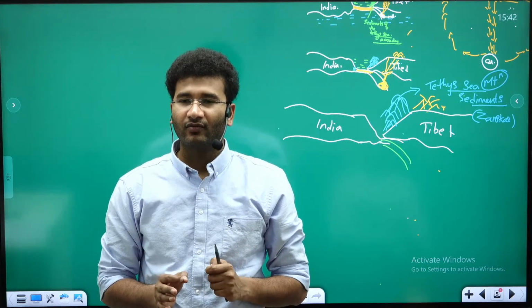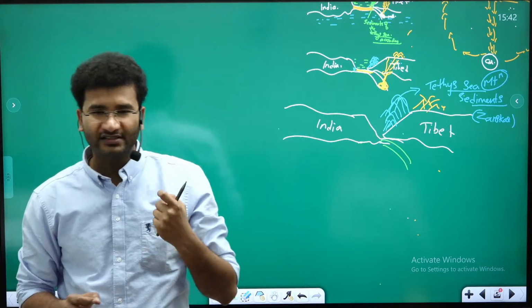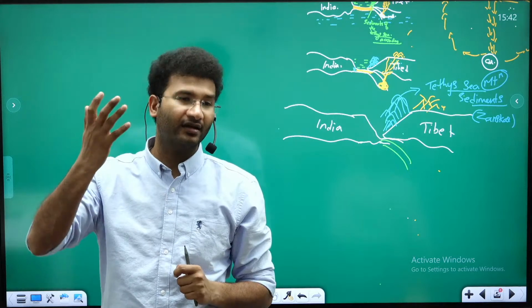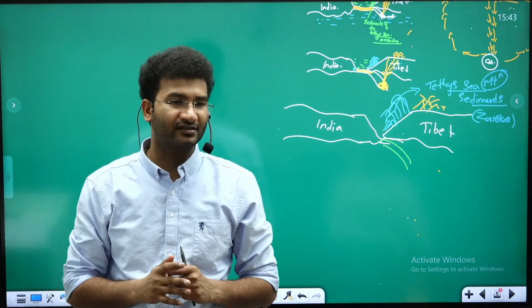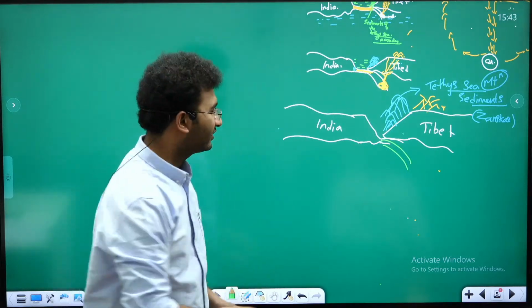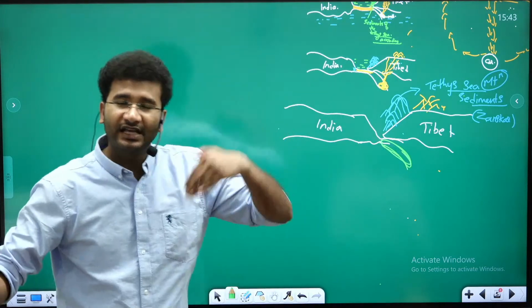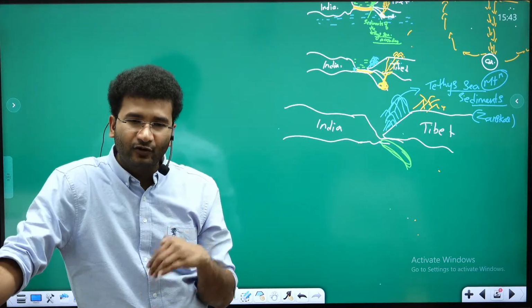Now, why is the rise of mountains still happening in the Himalayas? You might have heard that the height of Mount Everest is continuously increasing. It is because of this oceanic plate, which is currently sinking continuously into the core.